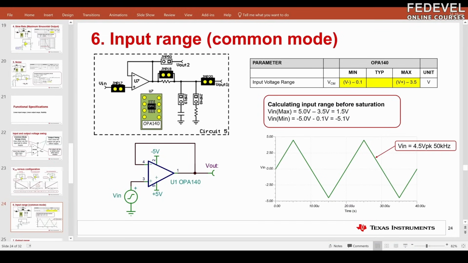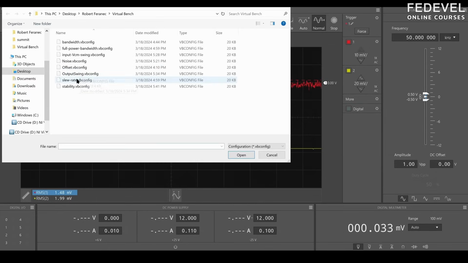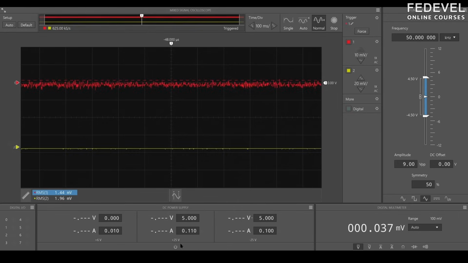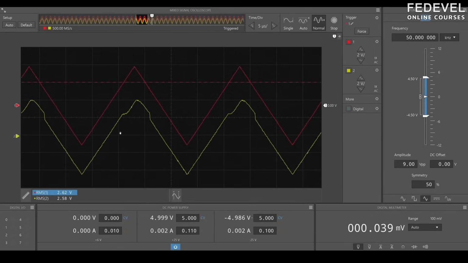And I can say file, import configuration, and we want common mode, input common mode swing, and apply the power, apply the input frequency. And you can see, here's an interesting thing.